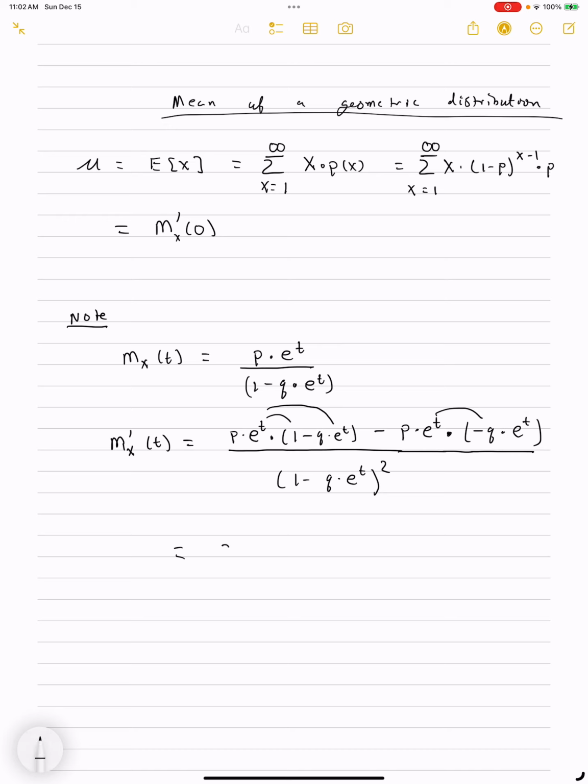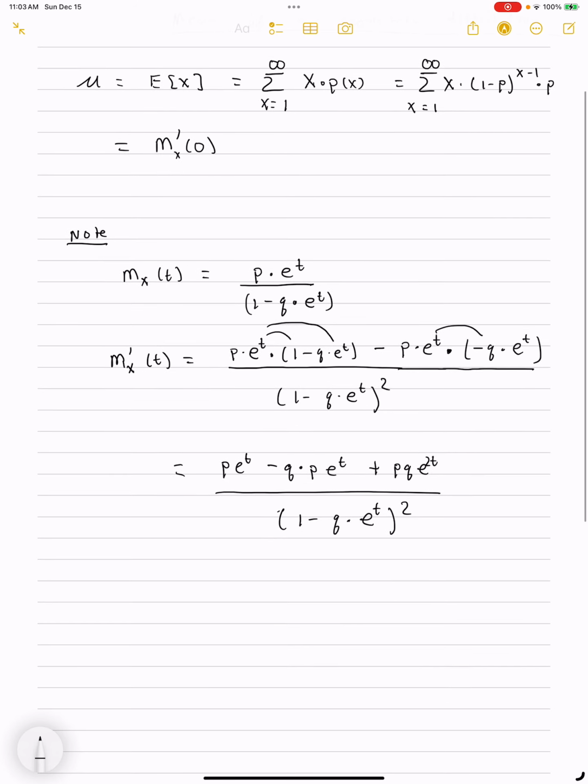So I'll be left with p e to the t minus q times p e to the t plus p q e to the 2t, divided by 1 minus q times e to the t squared. Okay, great. Well, this is the derivative.